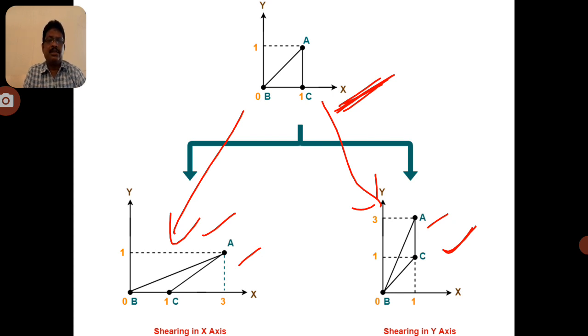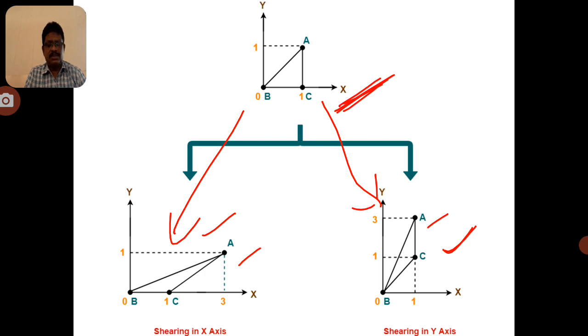The translation is the process or technique for two things: one is to modify that particular image, and the second is repositioning of the object. We can change the position, we can change the shape, depending on these 5 transformation techniques.